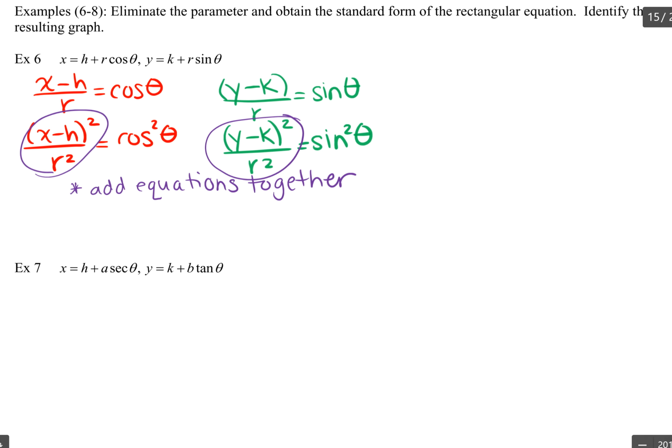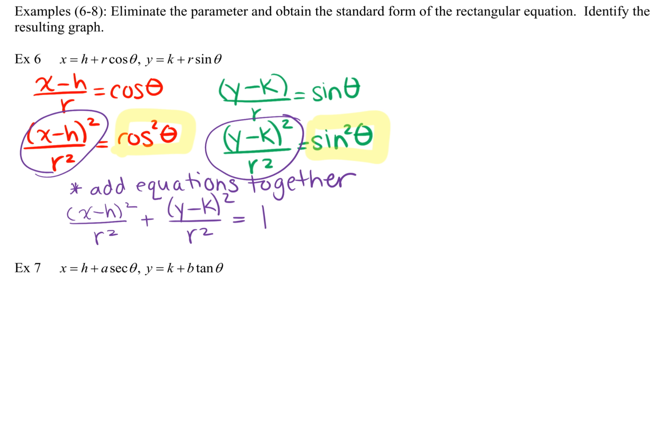So now on the left side, what I have is the quantity of x minus h squared over r squared, plus the quantity y minus k squared over r squared is equal to, and then we have cosine squared plus sine squared, which, you guessed it, equals 1.